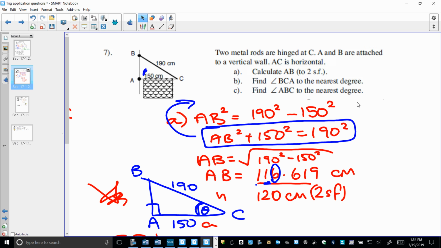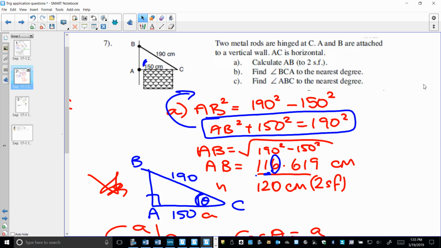Okay, so now they've asked for angle ABC. What's the easiest way of doing this one? 180 minus, then bracket, 90 plus 30 plus 14. Perfect.